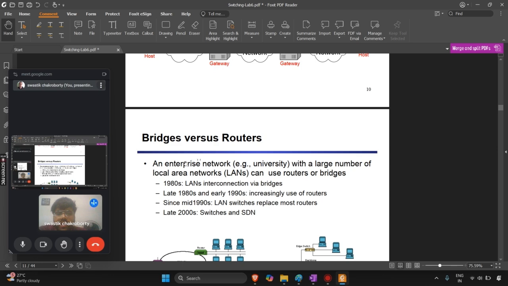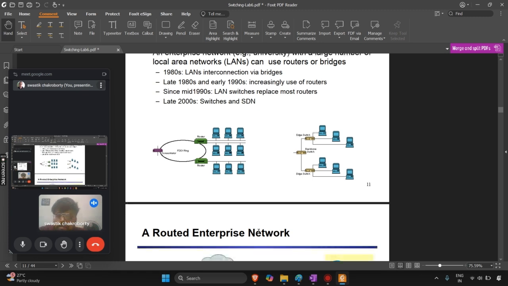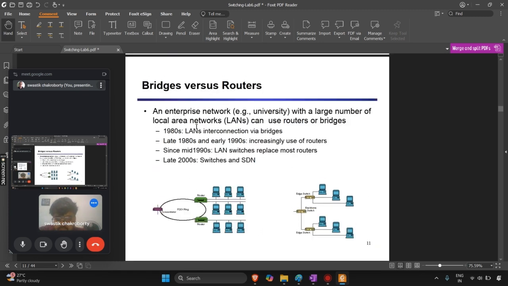An enterprise network with a large number of LANs can use routers or bridges. Suppose there is a campus like the IIT campus with multiple departments, and each department has a different local area network.